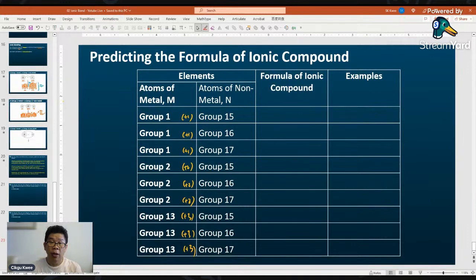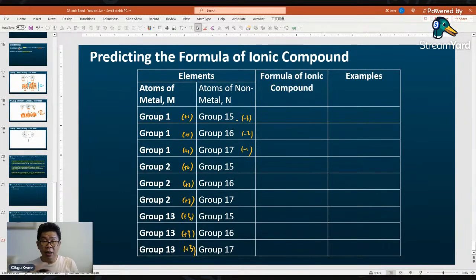Now for non-metals, they will receive electrons. For group 15, to become stable, it will receive 3 electrons, so the charge will be negative 3. Group 16 receives 2 electrons, -2, and group 17 receives 1 electron, -1.